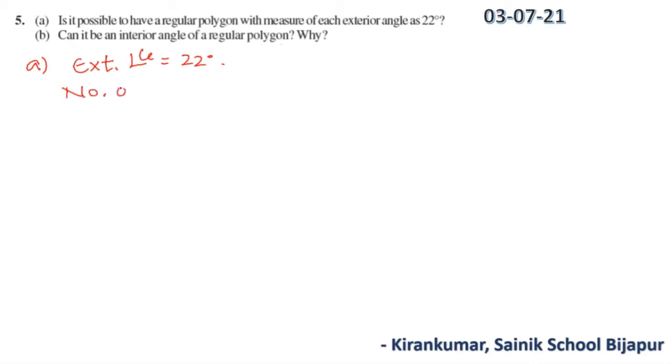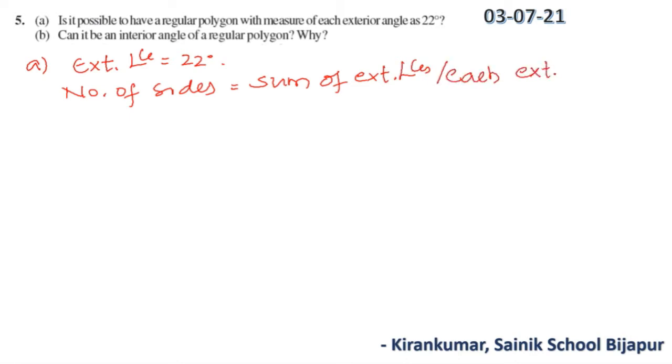Once the exterior angle is there, we can find out the number of sides. The number of sides is given by sum of exterior angles upon each exterior angle. Here the sum of exterior angles is 360 divided by 22.